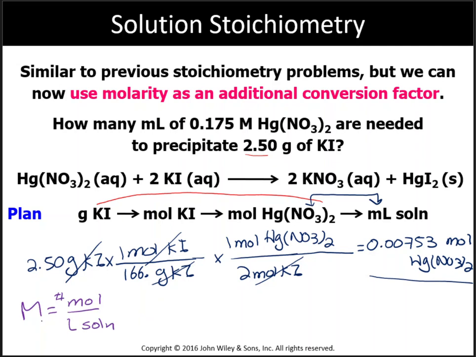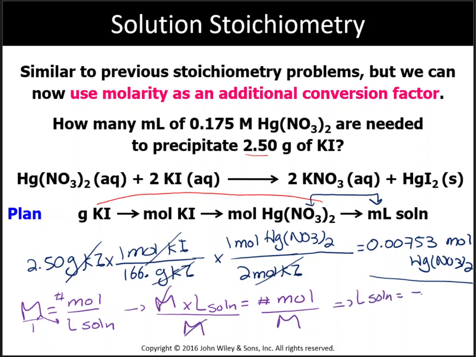So in order to find the volume, I can do a cross multiply here. Molarity times volume equals number of moles. And then in order to isolate the volume, you're going to have to divide both sides by M. And from here, you can find the volume of the solution, which is number of moles divided by the molarity.